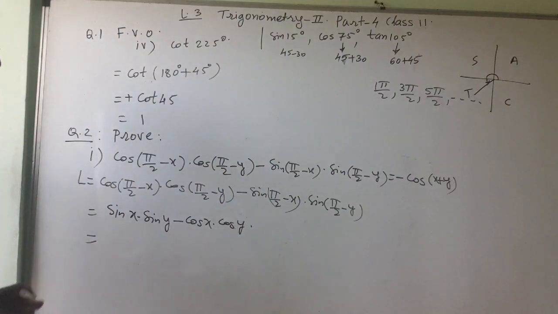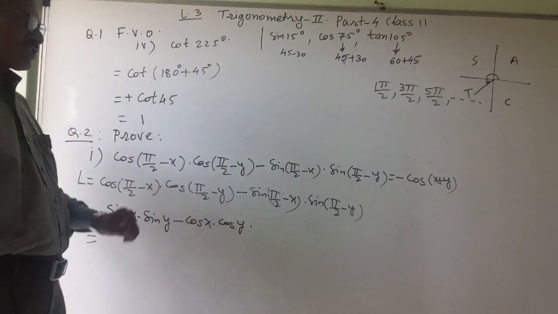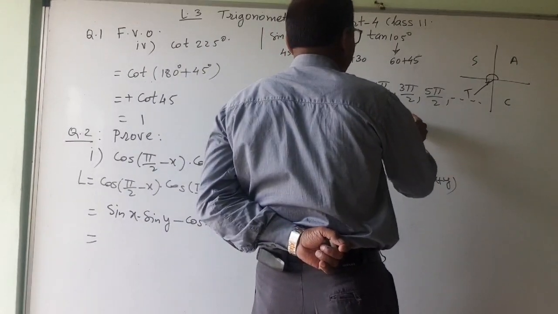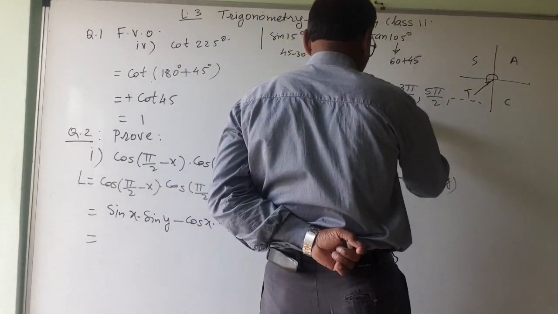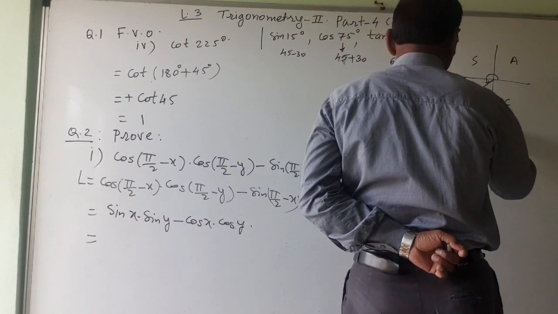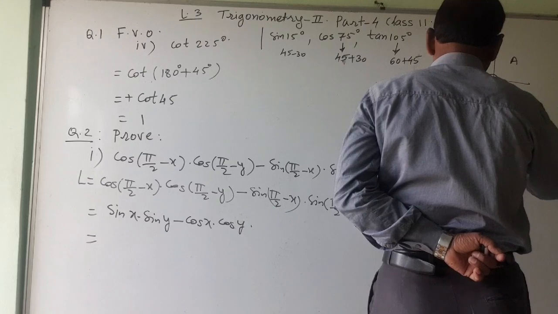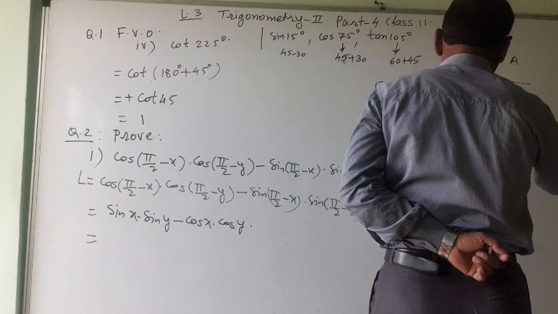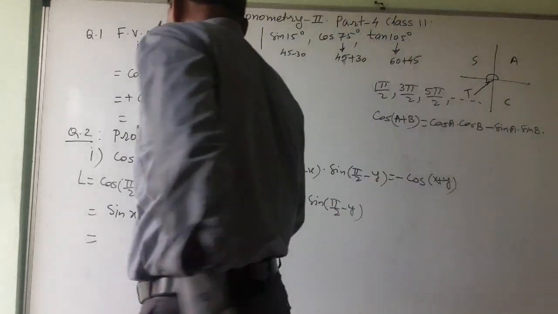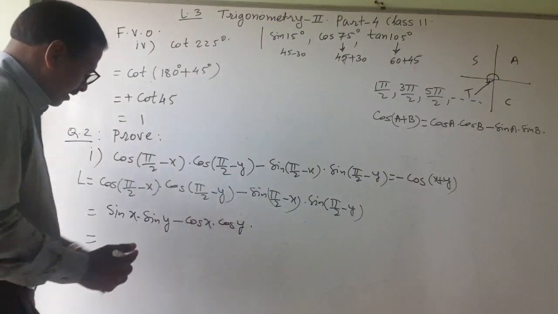That is equal to sin cos. This is the formula for cos of a plus b. I will check. It is equal to cos a into cos b minus sin a into sin b. Oh, this sign should be afterwards. So this ratio should go there.